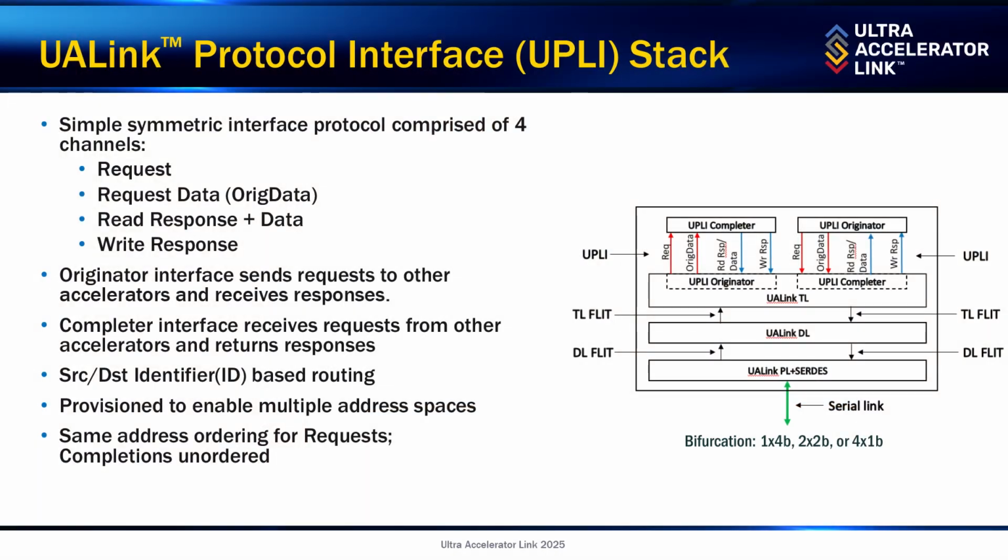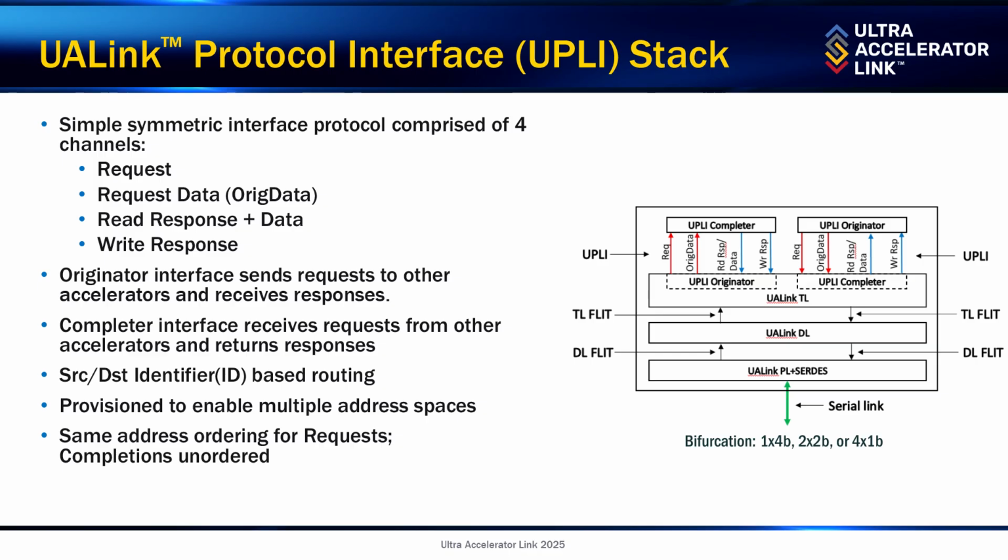So we start at the top here with our completer and originators, and that's just a flat interface with command beats that drive all the command information in. The TL packs that into TL flits that are each 64 bytes and always 64 bytes. Then the TL issues that to the DL.